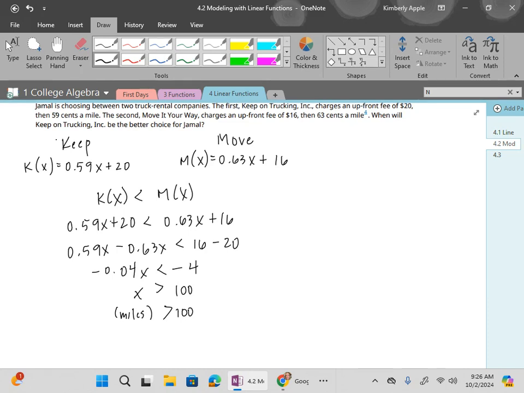If it's less than 100 miles, he'll pick one, and if it's more than 100 miles, he'll pick the other. You notice how I just made that translation of what x means in this situation? At 100, they're equivalent. Correct. So if he surpasses 100 miles, he should change over to Keep On Trucking because he's going to pay less overall.